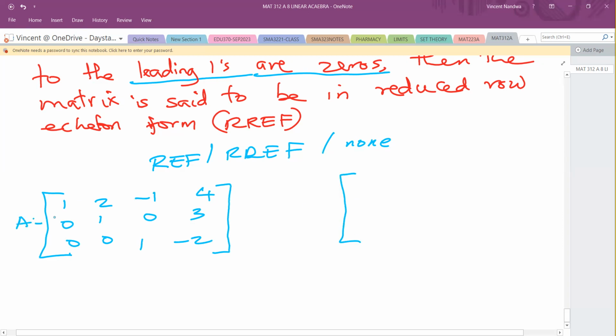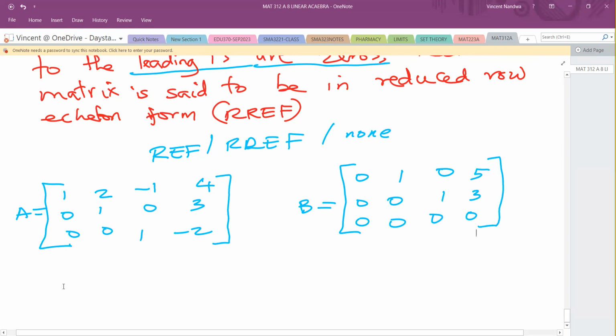Let's call this matrix A. B is 0, 0, 0, 1, 0, 0, 0, 1, 0, 5, 3, 0. C is 2, -1, 4, 0, 0, 0, 1, 2, 4.